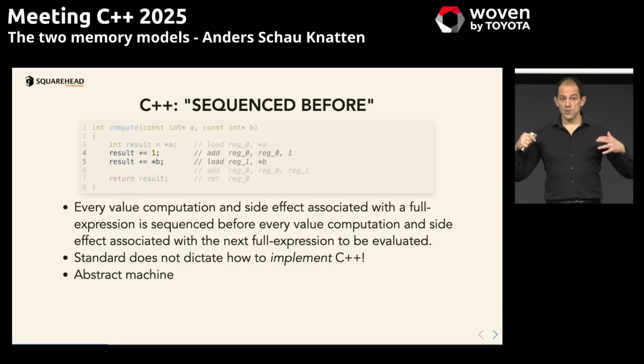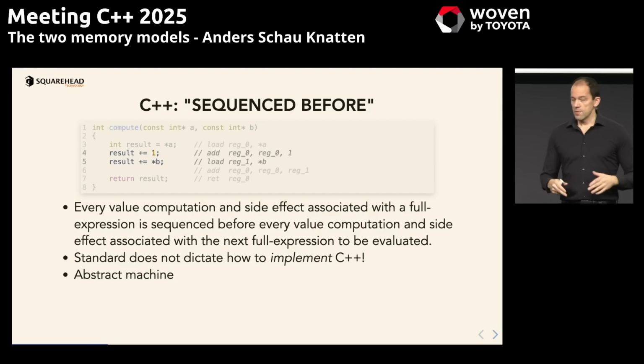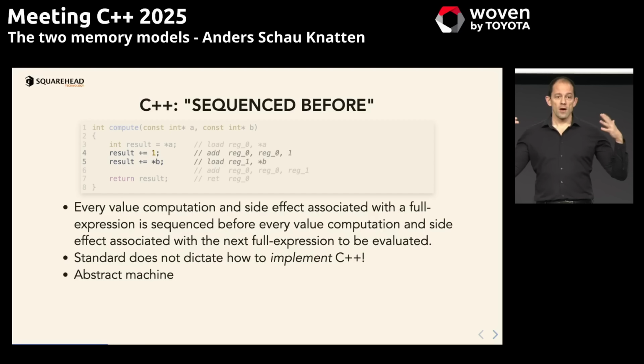The standard describes an abstract machine, saying that if you somehow run the program on this PDF that describes the C++ abstract machine, this is the output. And as an implementer, you only have to observe the observable behavior of that abstract machine.